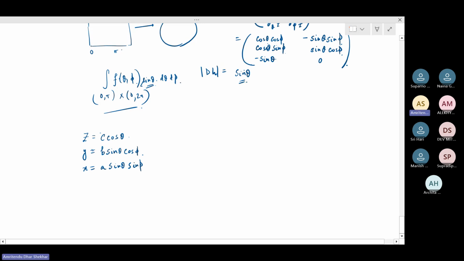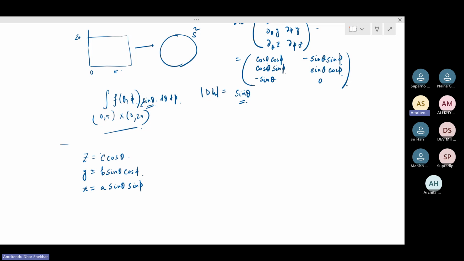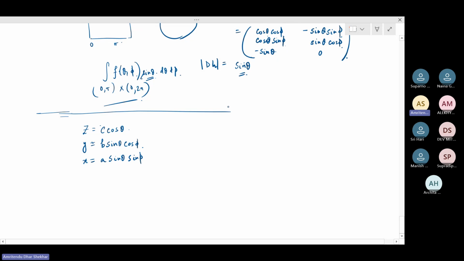As before, theta goes from 0 to pi, and phi goes from 0 to 2 pi.